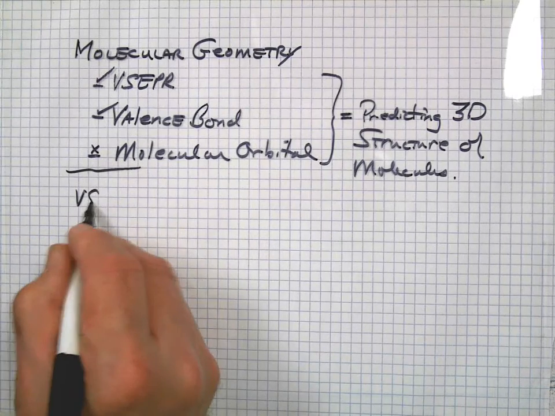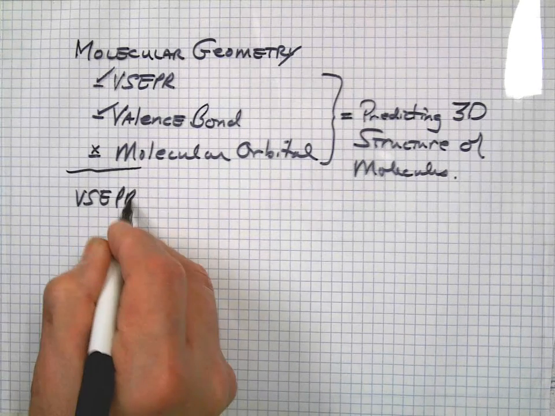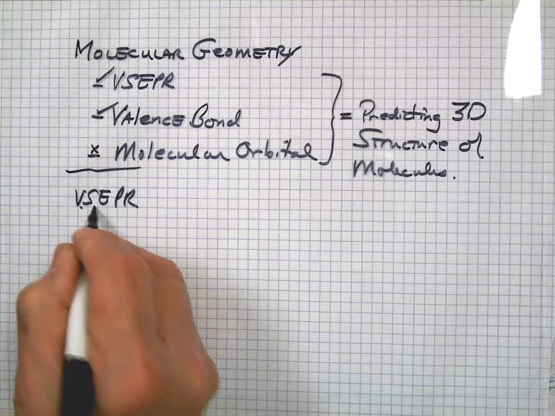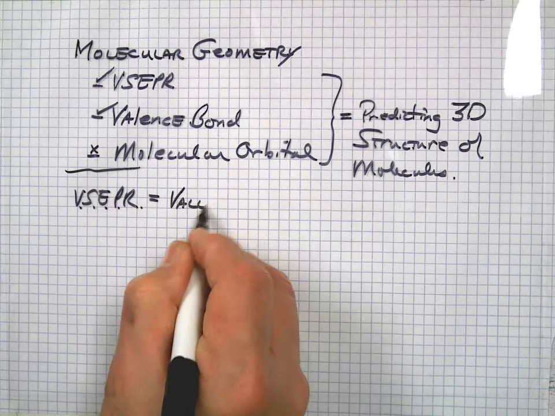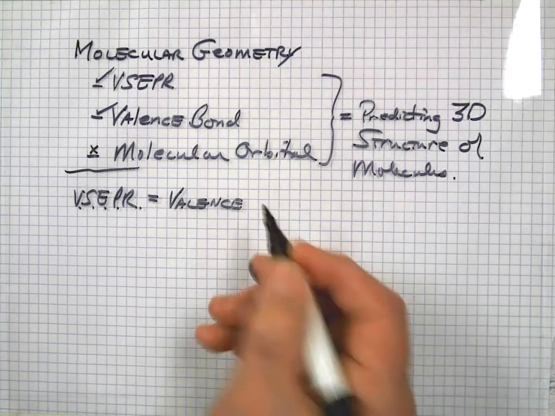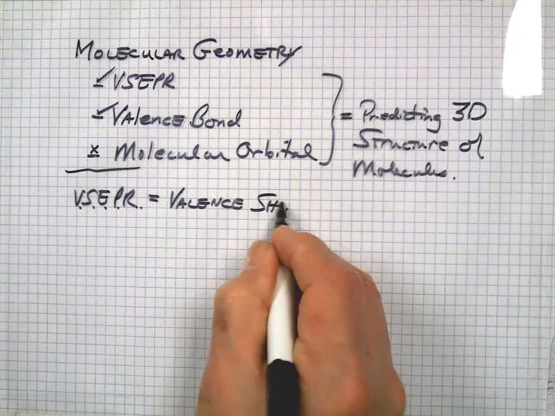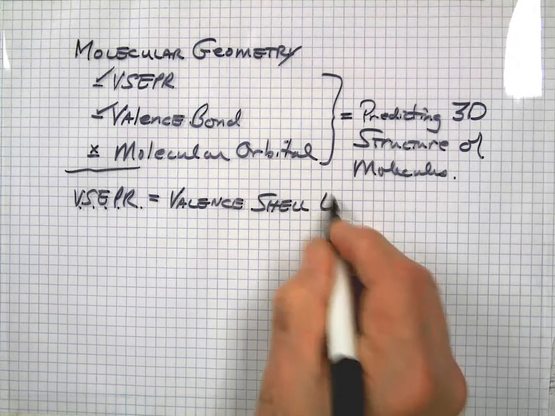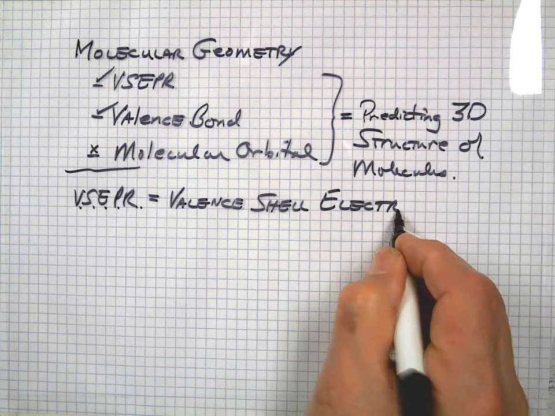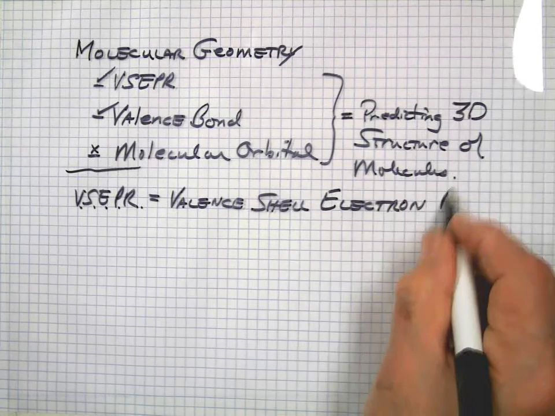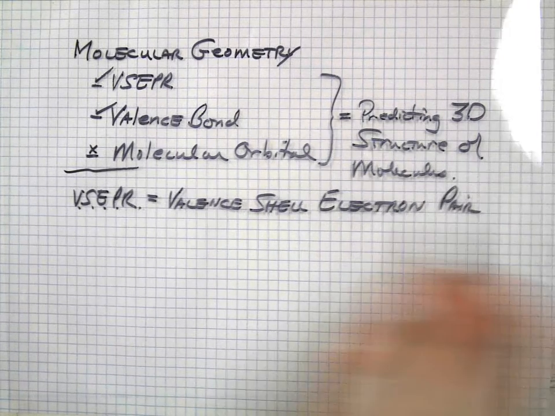The VSEPR theory means valence shell electron pair repulsion theory.